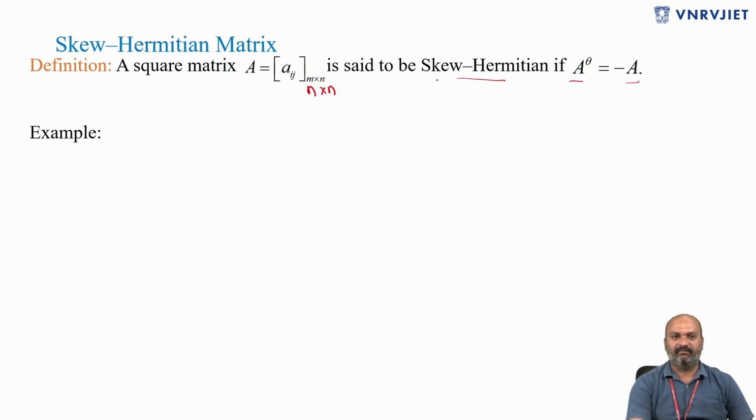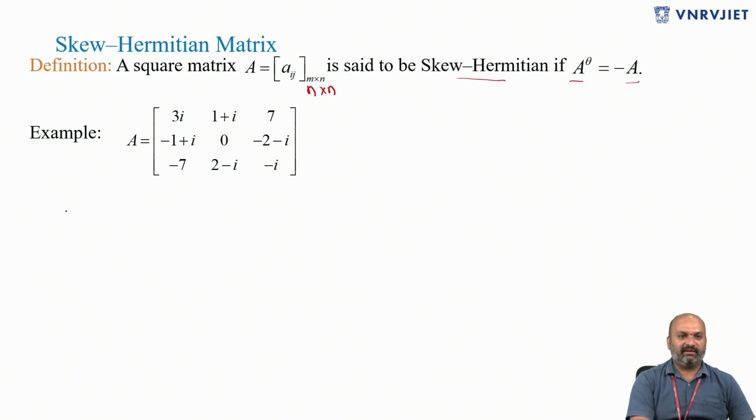Let's see an example. So the matrix is A. Let us take this one. First we determine the conjugate of the matrix. A bar equals, see, the conjugate of 3I is minus 3I, and 1 plus I conjugate is 1 minus I. 7 is a real number, so its conjugate is itself.